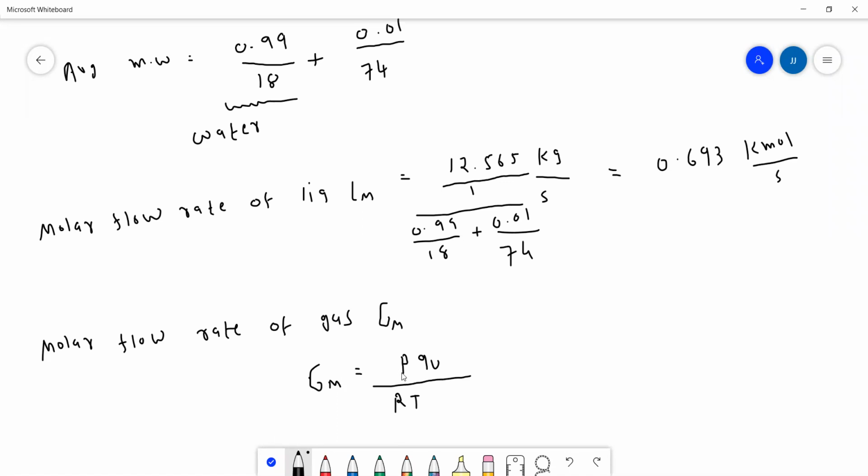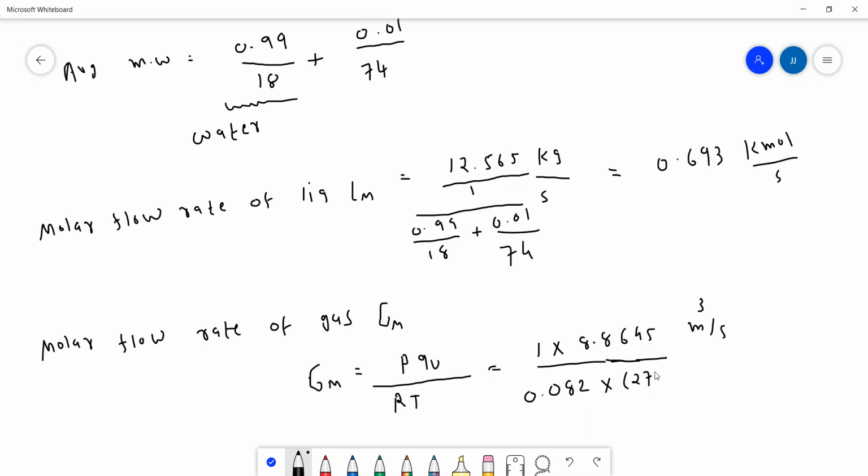If you balance the units, you will get kilomole per second. So pressure is 1 atmosphere, Qv we have already calculated, that is 8.8645 meter cube per second, divided by R, gas constant, 0.082, and T must be in Kelvin because it is liter atmosphere per mole Kelvin.